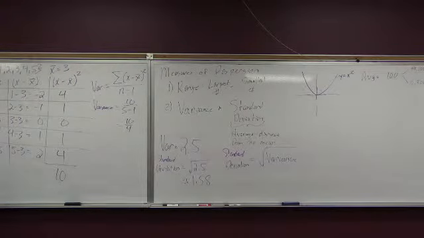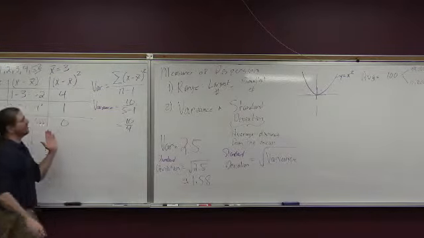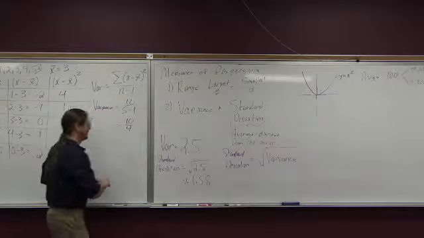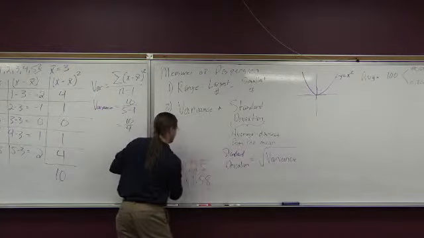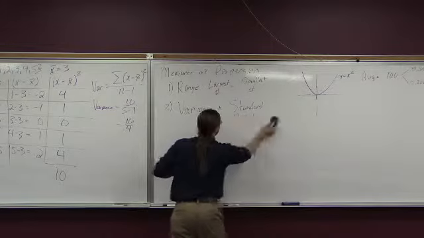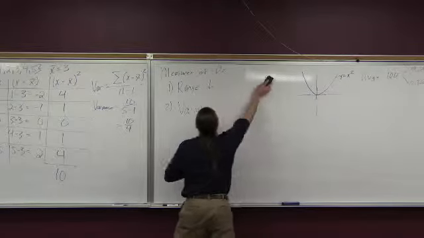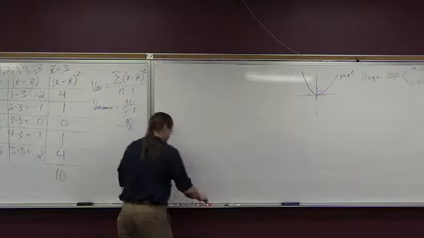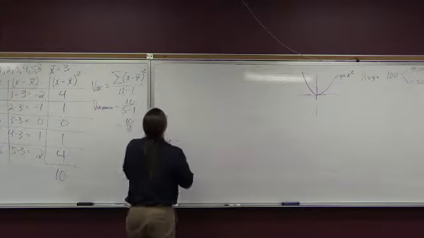Alright, so let's try and calculate standard deviation and variance for another set of numbers, but this time let's make it a little bit more interesting. 1, 2, 3, 4, 5 is boring.